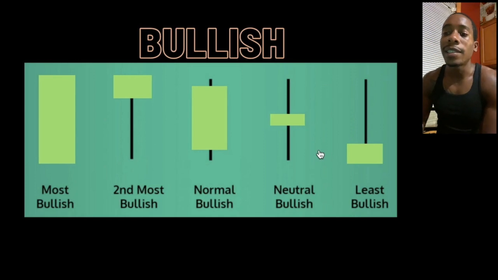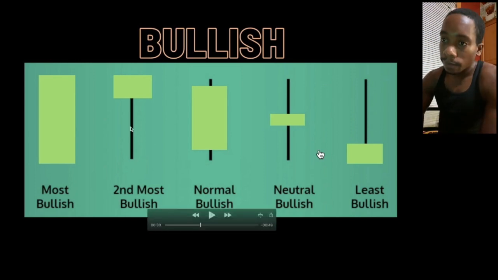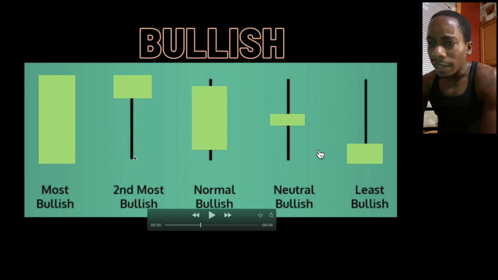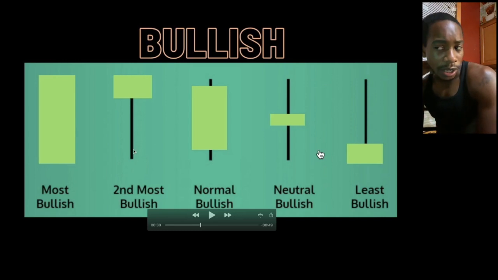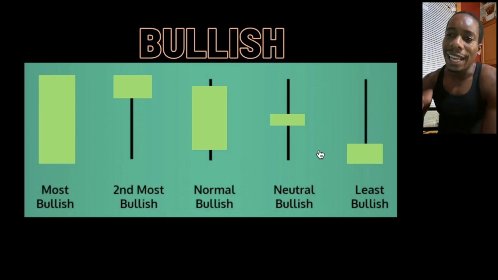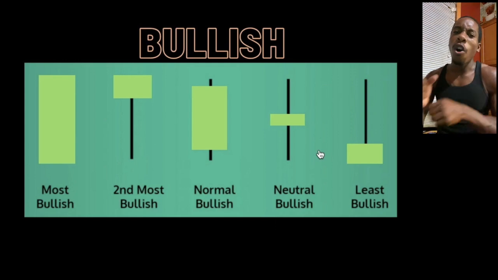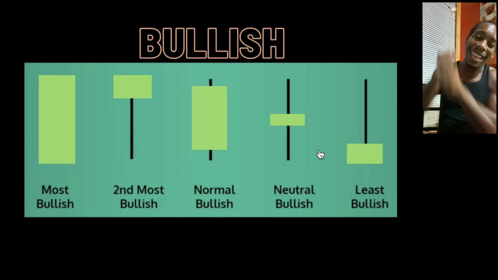So this is the second most bullish candlestick that you would see, right? It has a long wick at the bottom. Sometimes I like to think of this long wick, this long shadow tail, as a lever of how hard it's actually hitting.